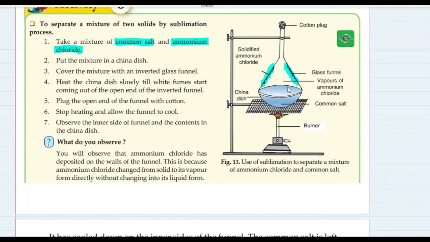So salt is left behind. Salt on strong heating can get converted into molten state. But on light heating, it stays as it is, and ammonium chloride is deposited on the walls of the inverted funnel. And that's how the contents of this mixture of sublimable and non-sublimable solids are separated.